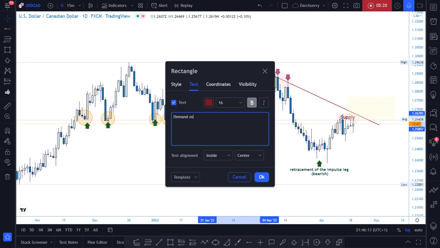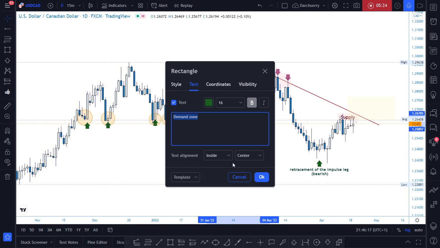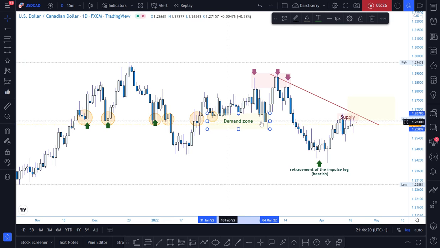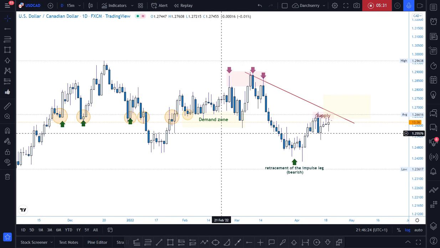So if I label this area the demand zone, it will later become a strong demand zone later on in the year.